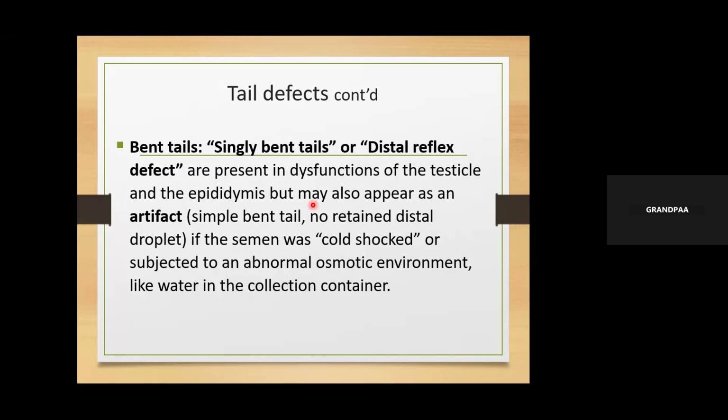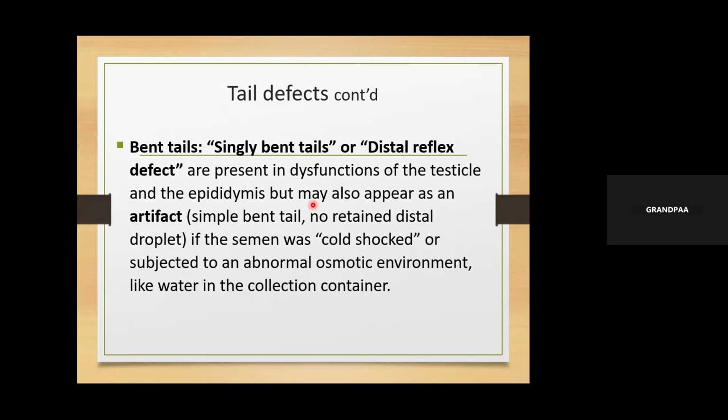So bent tails, we all know about bending, but we have what we call singly bent tails, and this is called a distal reflex. That's turning back of a sort. That is a phenomenon called distal reflex defect.